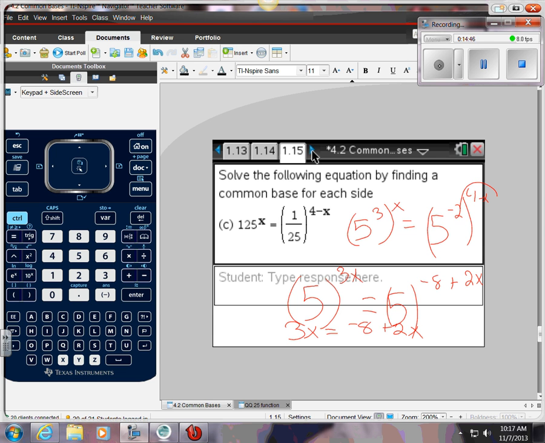Subtract 2x. Left-hand side we have x, right-hand side -8. Can we check this? Yes. Yep.